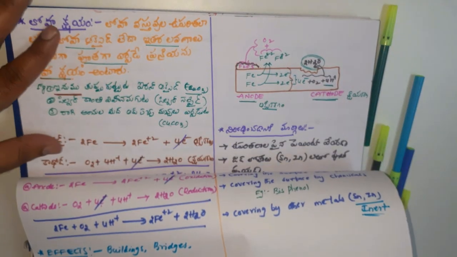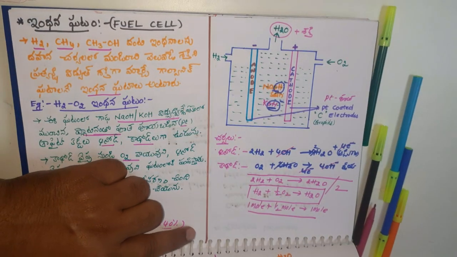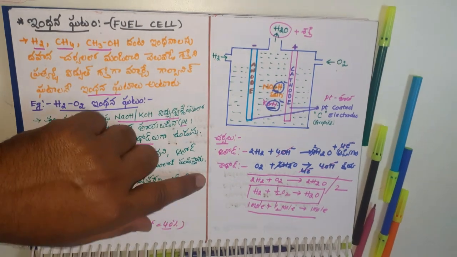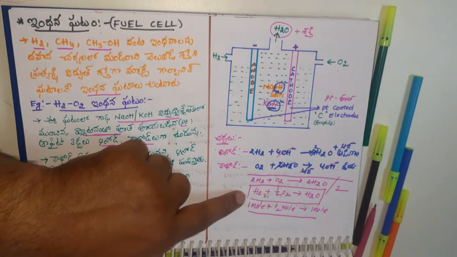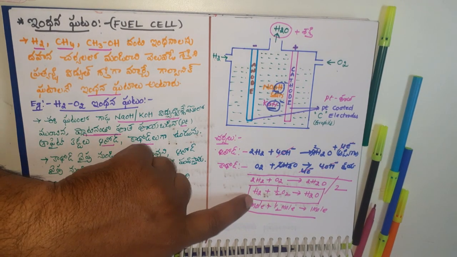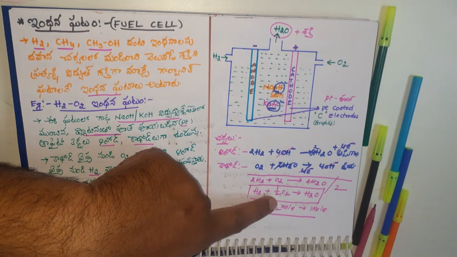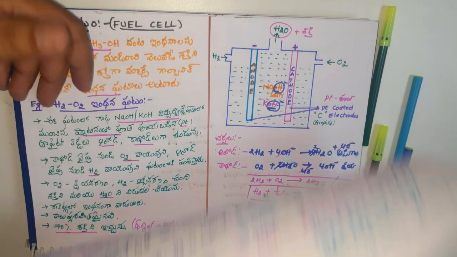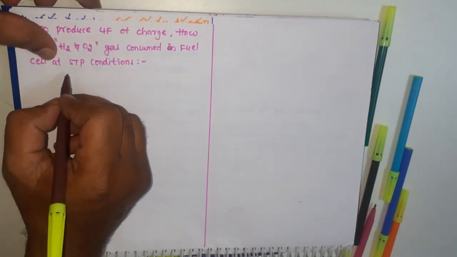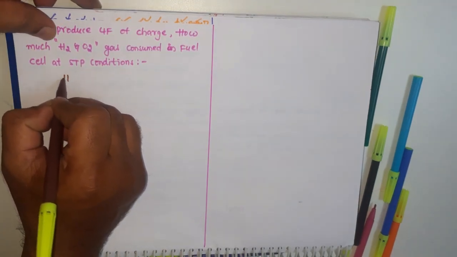In the last lesson we learned that the basic reaction of the H2-O2 fuel cell is H2 plus half O2 gives H2O. That is very important for this trick.